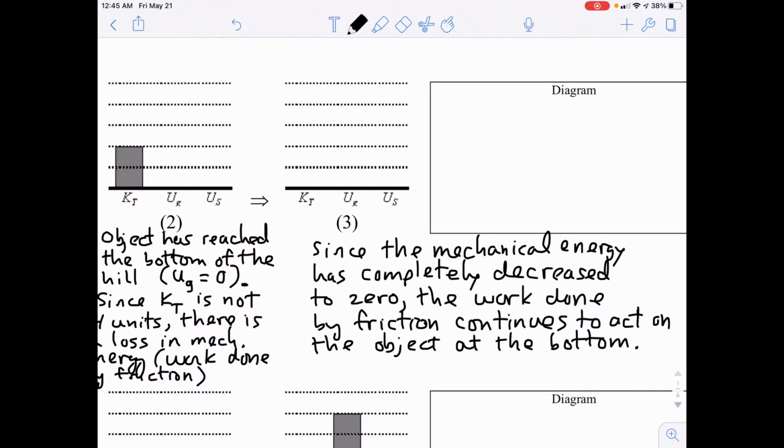And we know this because the object obviously comes to rest. You have some kinetic energy when you reach the bottom of the hill, but you can see at this moment here, we have no kinetic energy, no potential energy, no mechanical energy whatsoever. The object comes to rest.